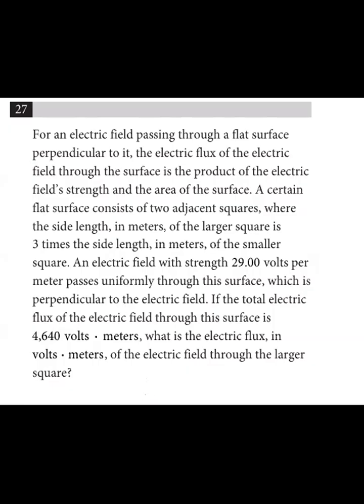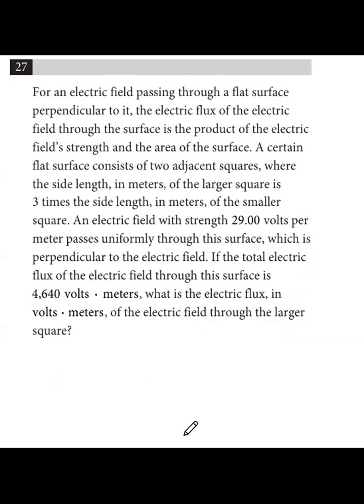We're told a lot. We're told there is an electrical field passing through a flat surface perpendicular to it. So electrical flux is the product of field strength times area. So we need to find area and electrical field strength. The flat surface contains two adjacent squares, where the side length of the larger square is three times the side length of the smaller square. Okay, so that's the first big piece of information.